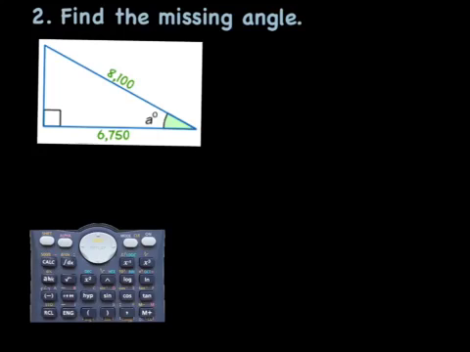This time we are looking for angle A, but we're given different sides. So let's go ahead and label those. 8100 would be our hypotenuse, and 6750 is our adjacent side. So which of the three uses hypotenuse and adjacent? Well, hopefully you're thinking cosine.